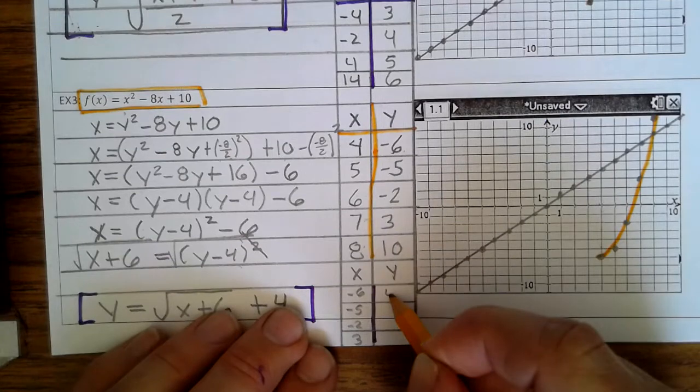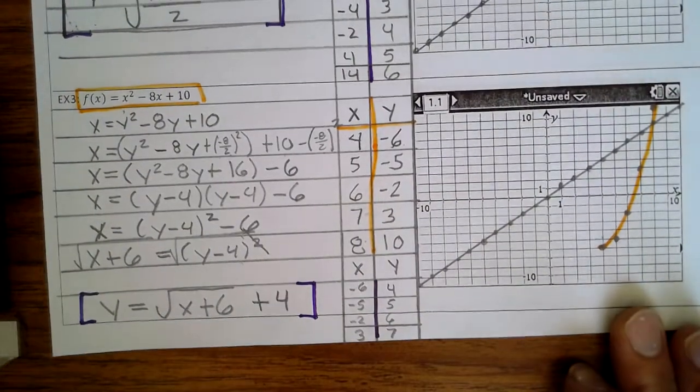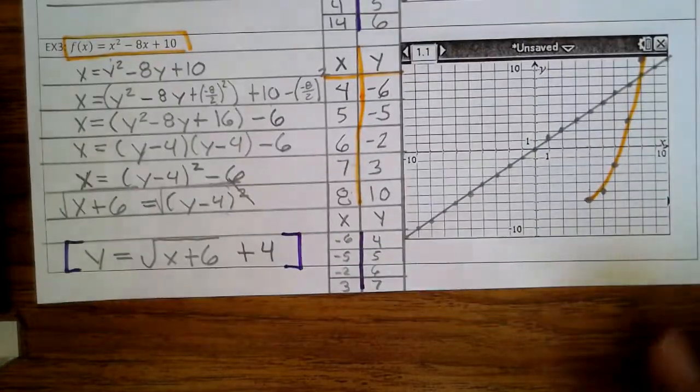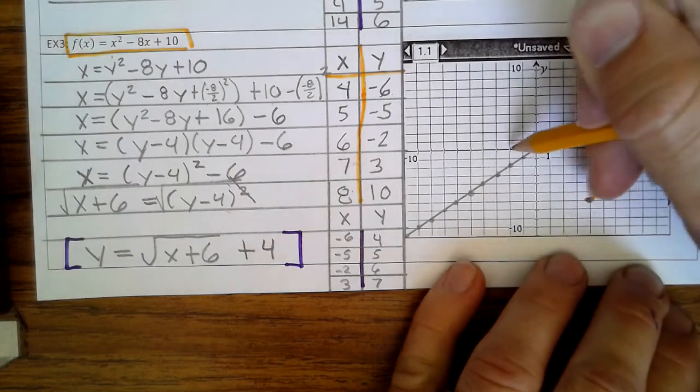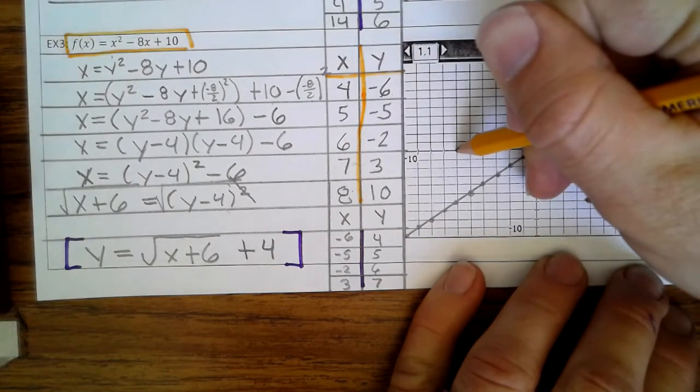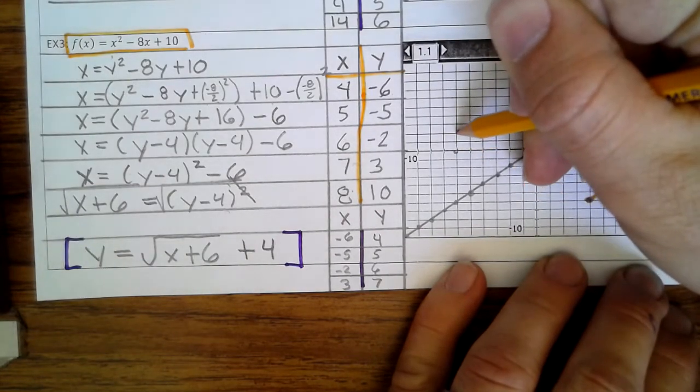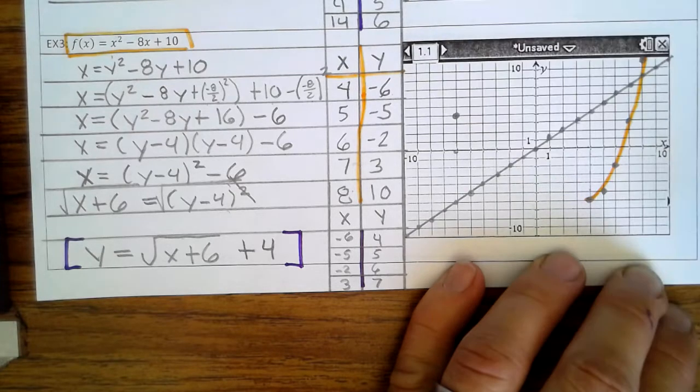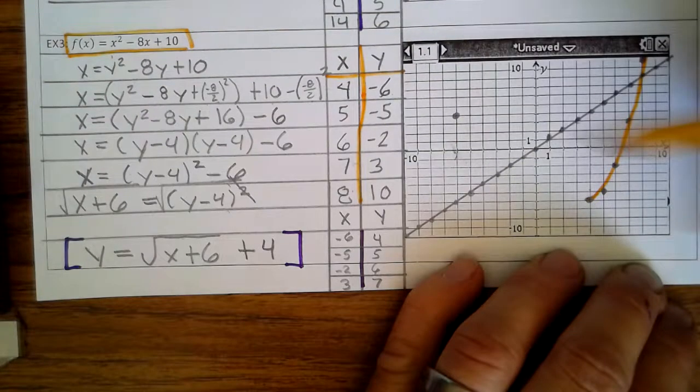So negative 6, 4. Negative 5, 5. Negative 2, 6. 3, 7. And the new point would be, let me switch it, 10, 8. So 10, 8.